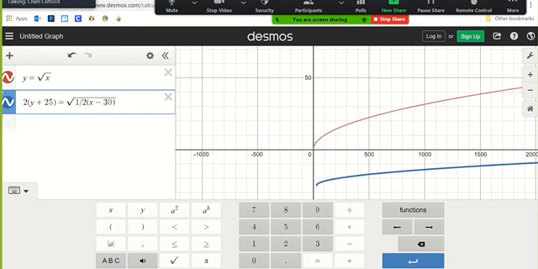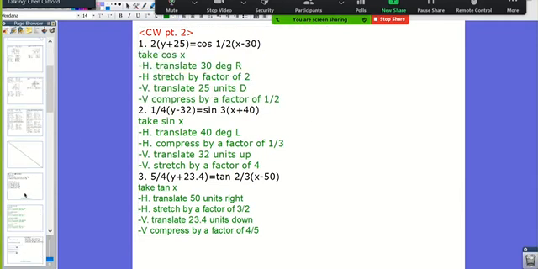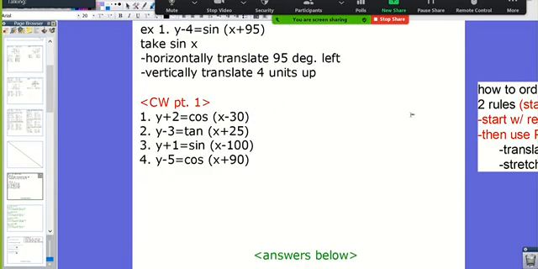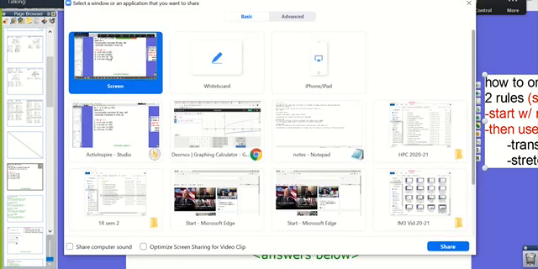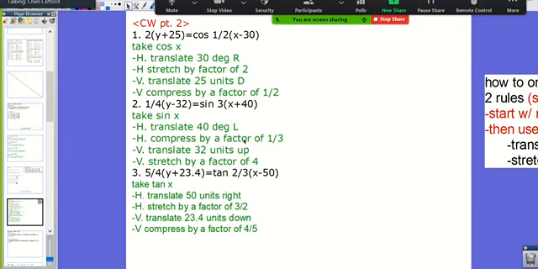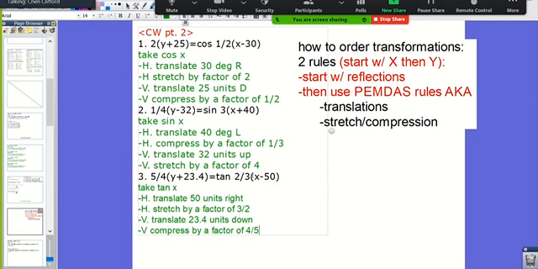You can think of it like this. When you get to these problems, I want you to do it in this order. Let's say I were to give you a problem. I'm going to modify number 3, and let's say I put a minus sign here.